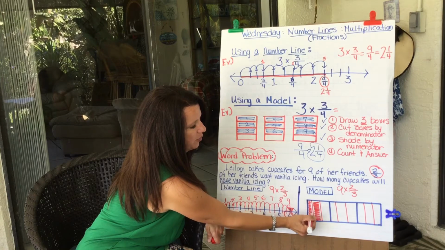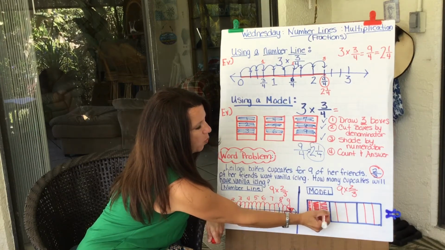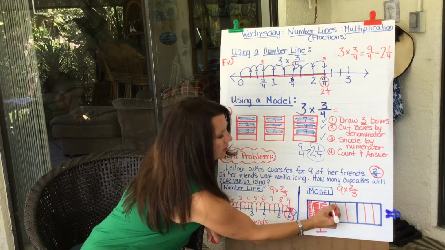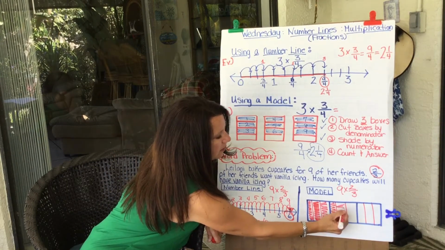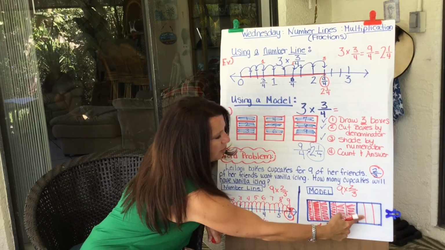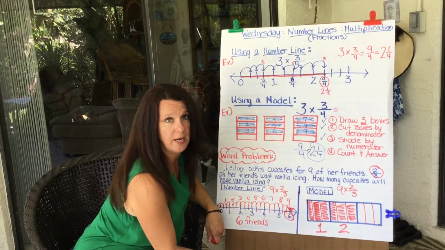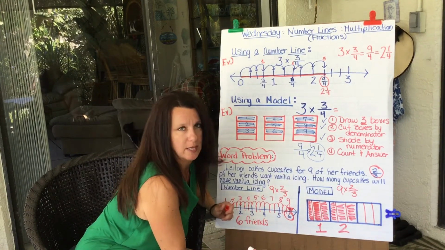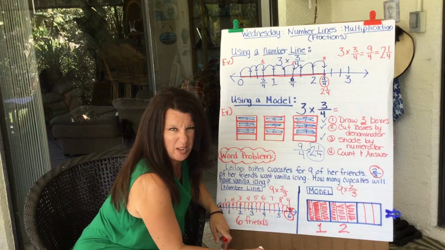We split these into thirds, right? Well, that's 1/3. This is our second third. That's our third third, but we only need 2/3, right? That's all we need. So those friends want chocolate icing. Maybe they don't want any icing, which would be kind of bland, right?